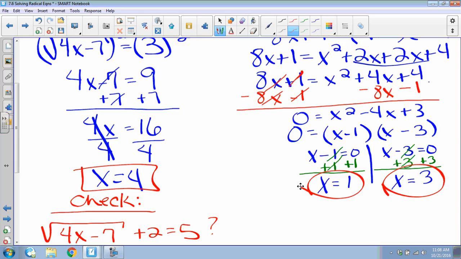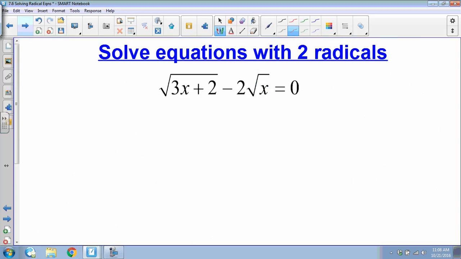All right, let's look at another type of problem. What if you have two radicals? Well, if you take a radical, like a square root, and square it, it gets rid of the radical, right? But when you square it, you have to square both sides, right?